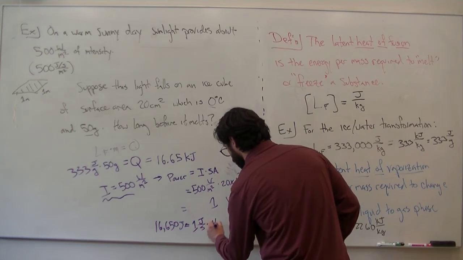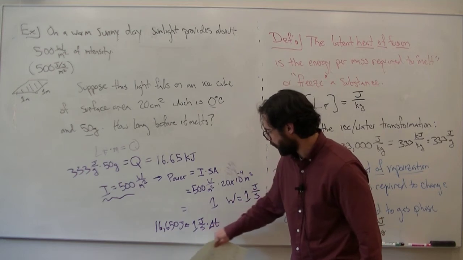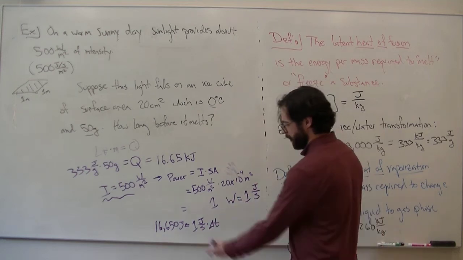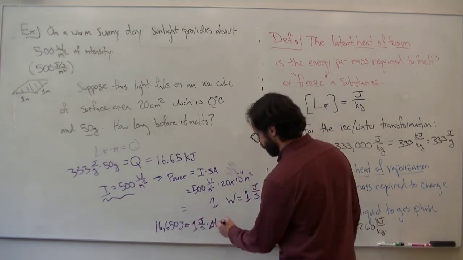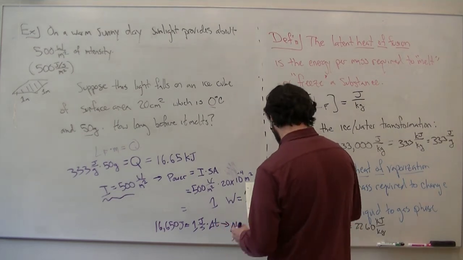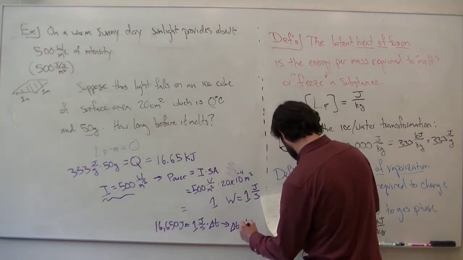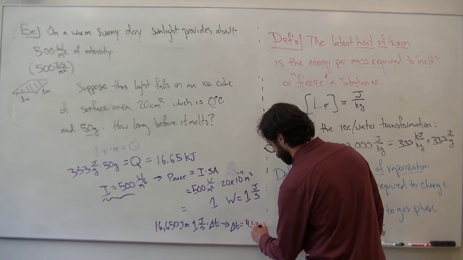We'll call that delta t, little t, because we use big T a lot. So joules per second times seconds gives me joules. That obviously is 16,650 seconds, and that turns out to be about 4.6 hours.